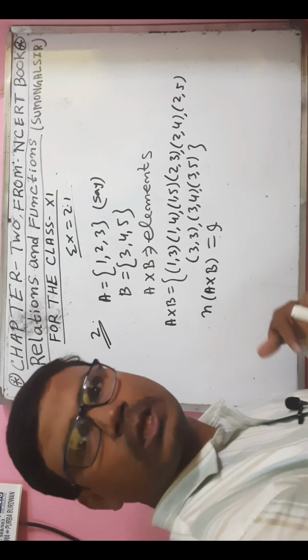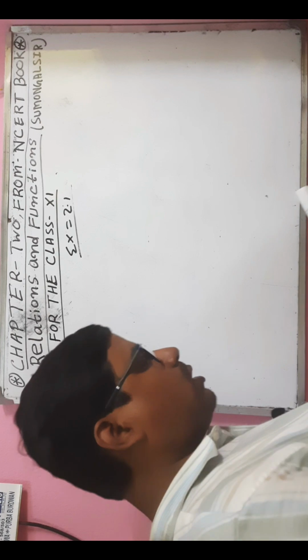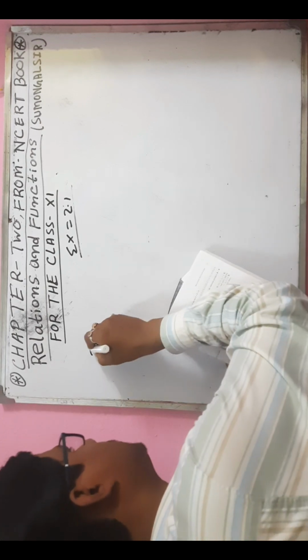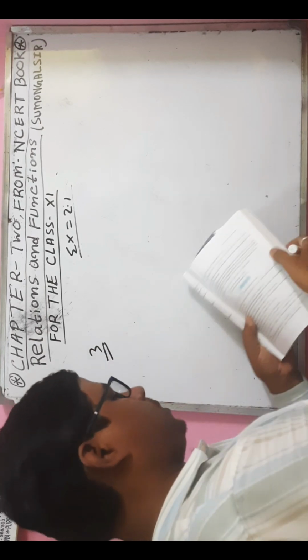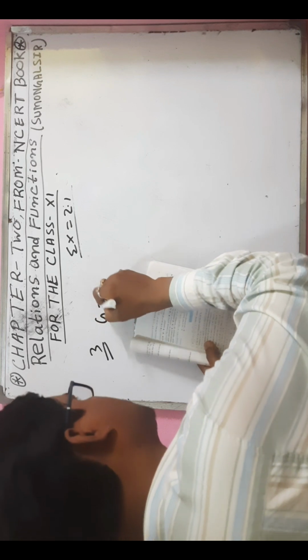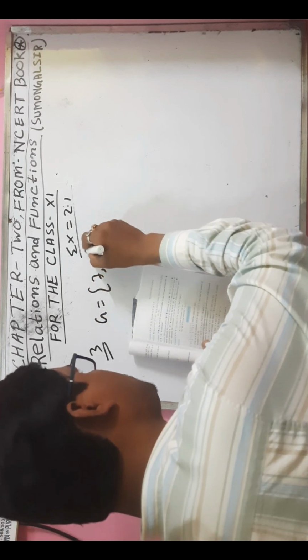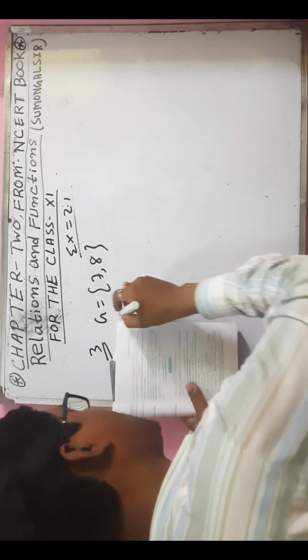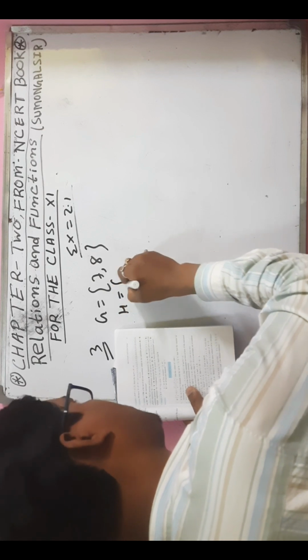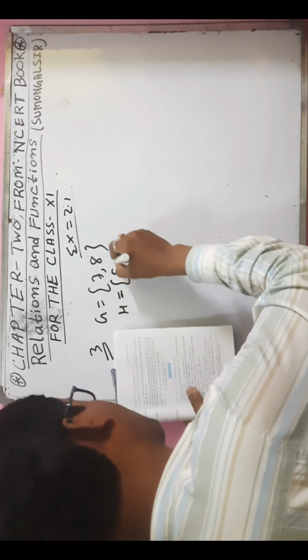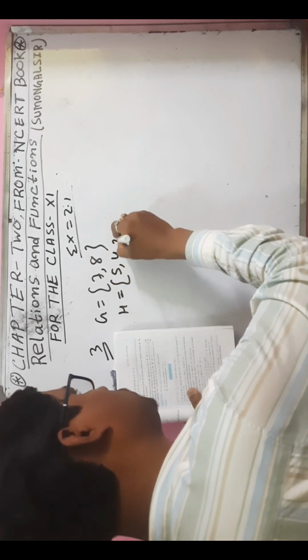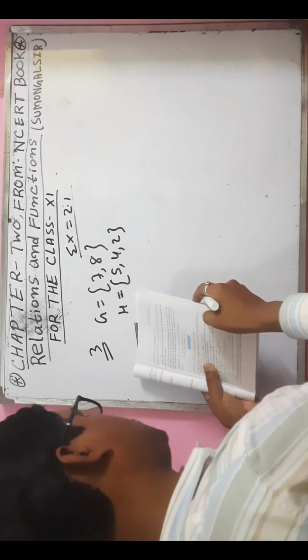Now we move to question number 3. G is the set {7, 8}, two elements, and H is the set {5, 4, 2}, three elements.